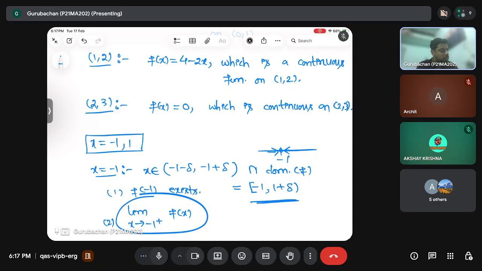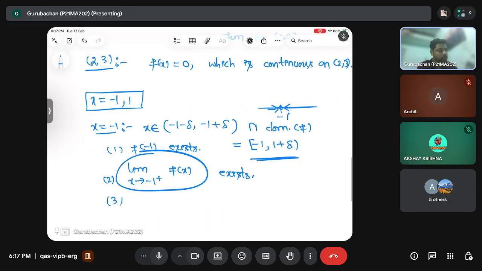Second, this limit should exist, and the last one is this right hand limit must be equal to this functional value. Is it clear? So, sir, the minus 1 minus limit of f(x) does not need to exist, right, sir? No. In case of continuity, you don't need to check that because it's not a part of our domain.